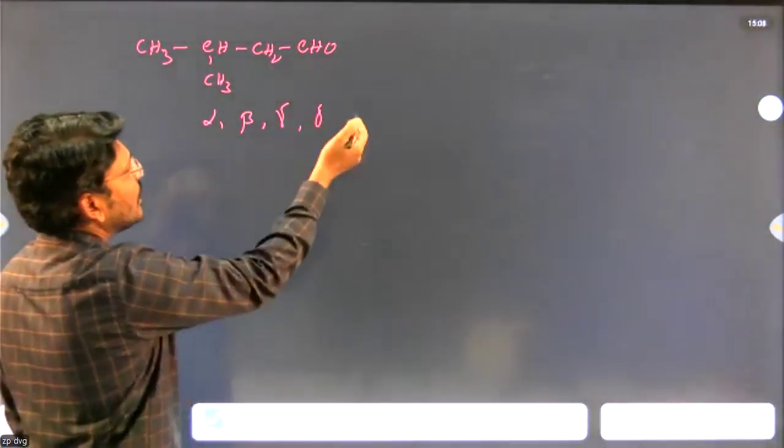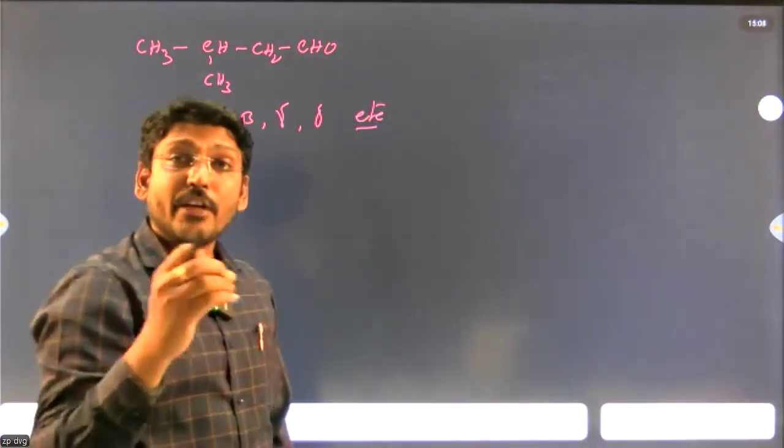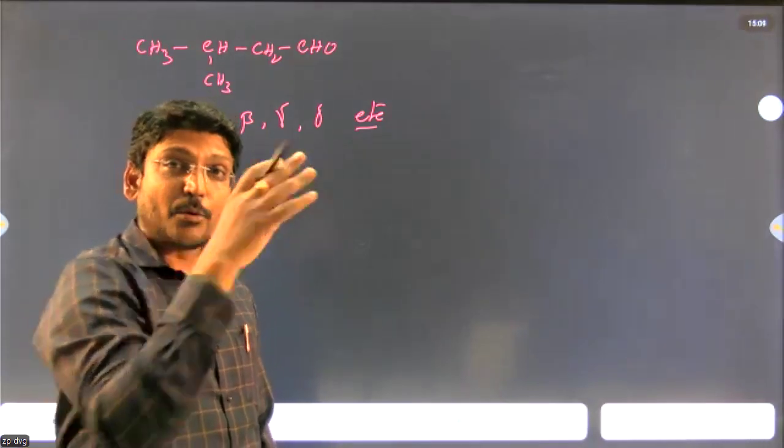So we can consider alpha, beta, gamma, delta, etc. In IUPAC nomenclature, compulsorily we use numbers to mention the position of a substituent.